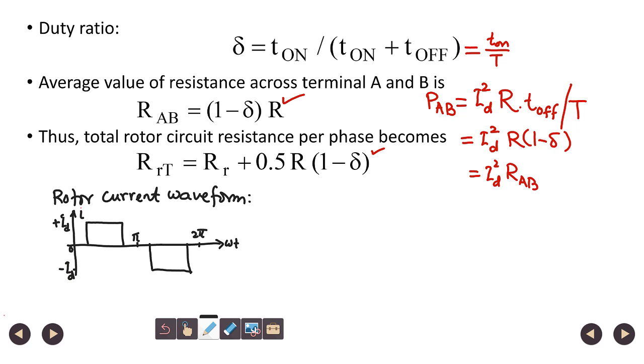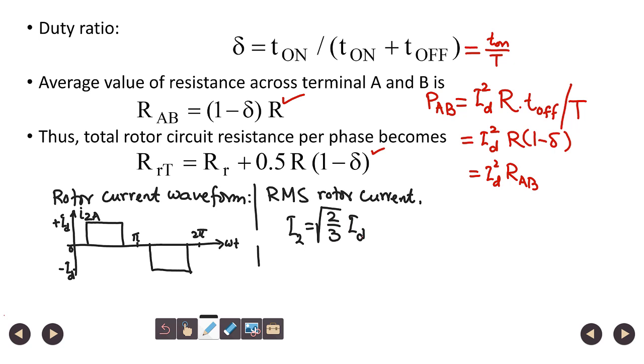This is the waveform I2A, rotor current in phase A. So, from this rotor current waveform, the RMS rotor current I2, as you can see from the waveform, is root over 2 by 3 into I_d. So, RMS rotor current is root over 2 by 3 I_d.